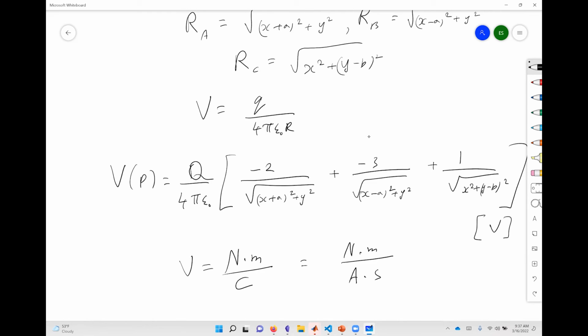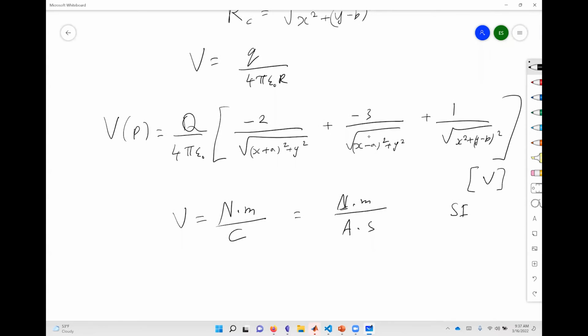Newton even is not a fundamental SI unit. Newton is force, and force is mass times acceleration, so it's kilogram meter over second squared. So volt is kilogram times meter squared over amp times second cubed.